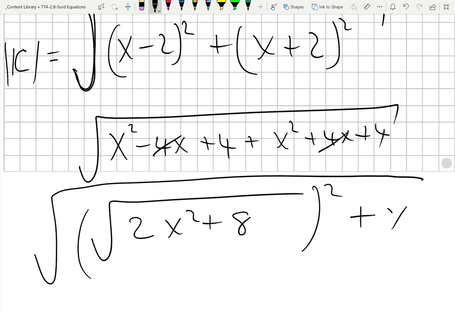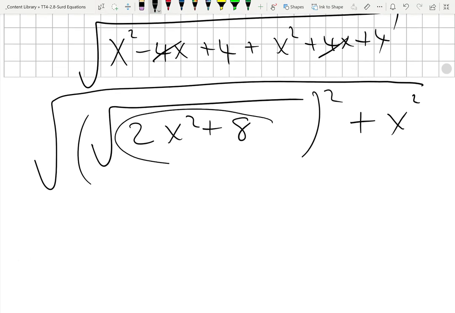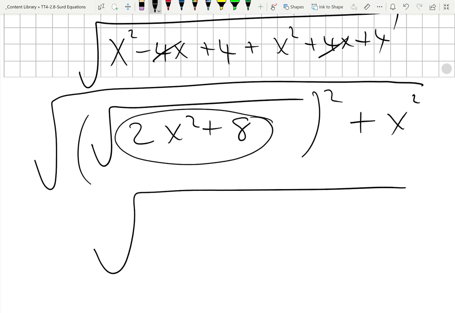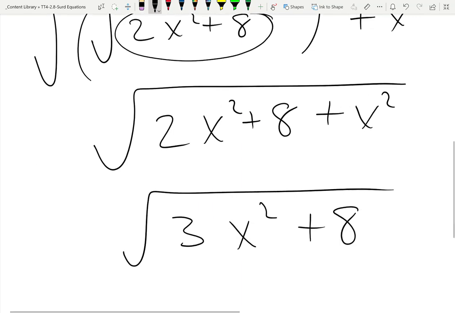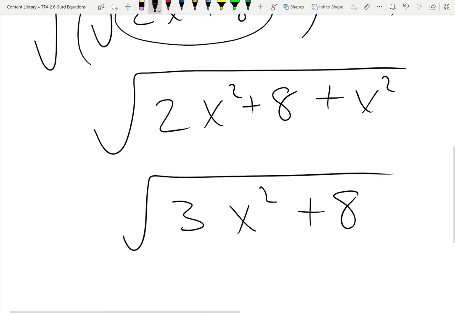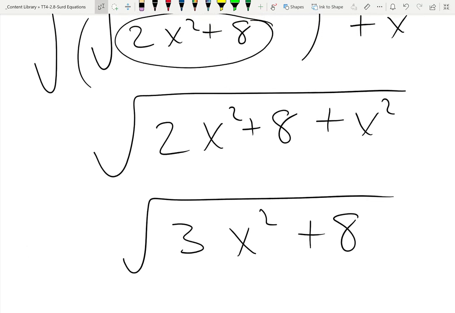I'll show you an easier way in a second. So this escapes the radicand. And you get 3x squared plus 8. That's probably it.